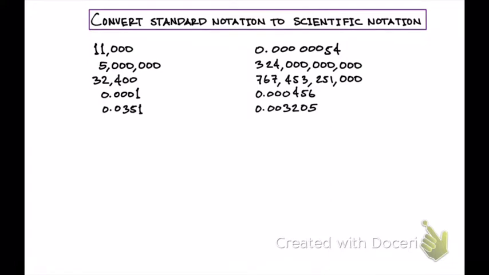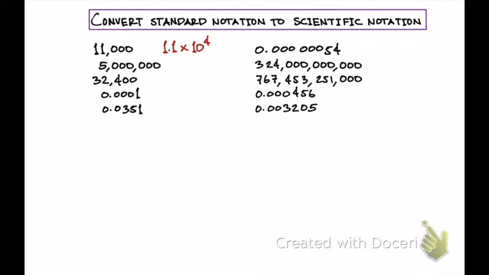And then look at the multiplier. So we move that decimal point 4 places to get to 1.1. And so in this case, it's 1.1 times 10 raised to the fourth power. The exponent is positive because 11,000 is greater than 1.